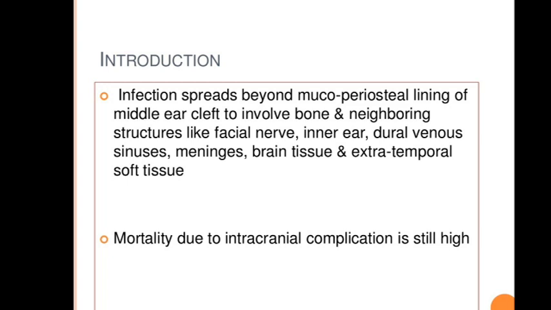Infection spreading beyond the mucoperiosteal lining of the middle ear cleft. The moment it breaches that mucoperiosteal lining, that means it has started to spread. What are the immediate neighboring vital structures? Facial nerve, inner ear, dural venous sinuses, meninges, brain tissue, extratemporal soft tissue; anywhere it can spread.